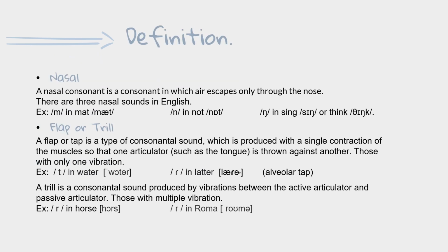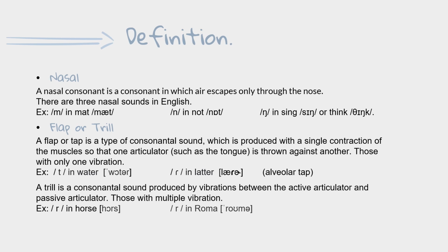And nasal is a consonant in which air escapes only through the nose. There are 3 nasal sounds in English. Like in this example, m in made, n in not, ng in sink or think.